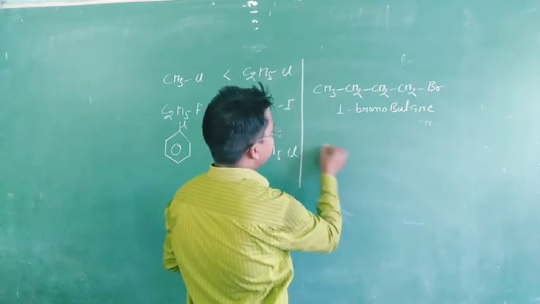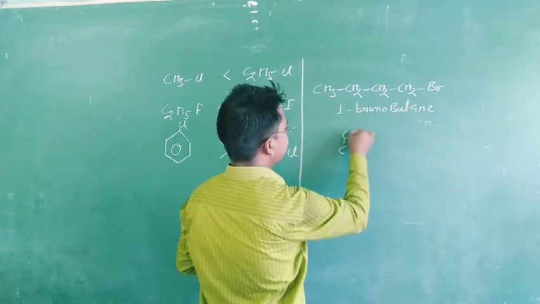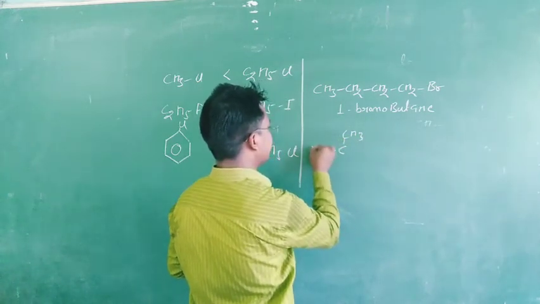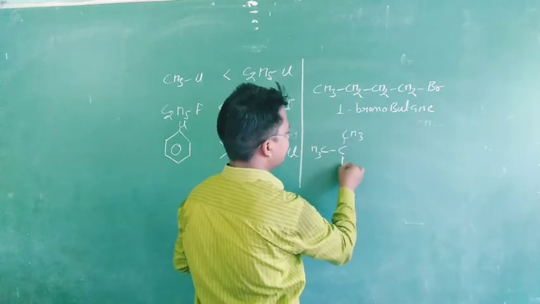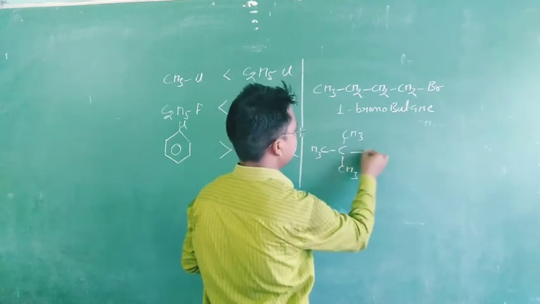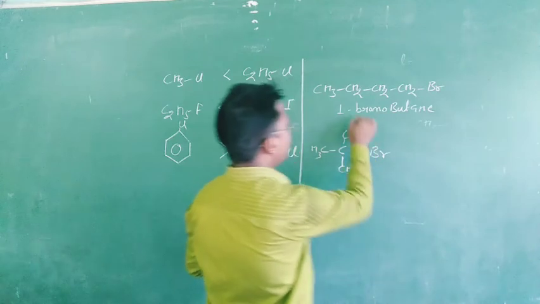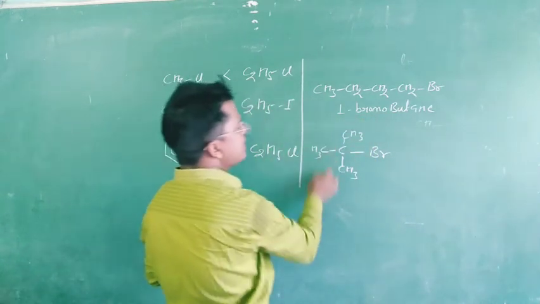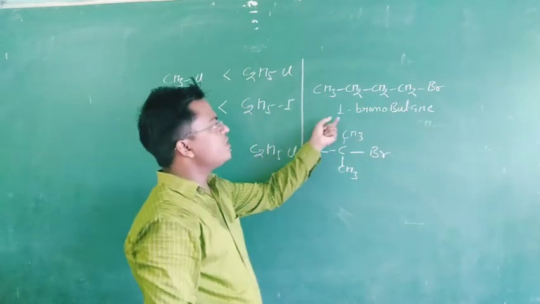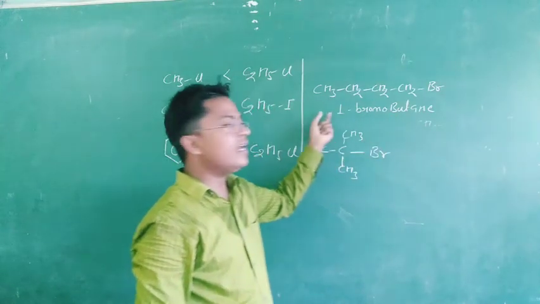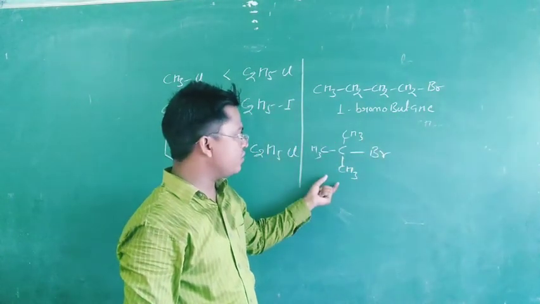Another example, suppose we have a branched isomer. Both have the same molar mass, but 1-bromobutane has a higher boiling point compared to this one.